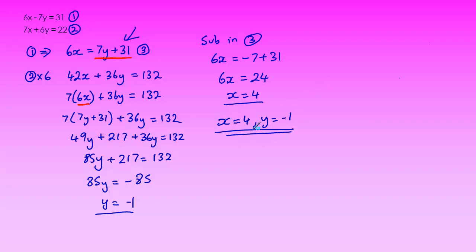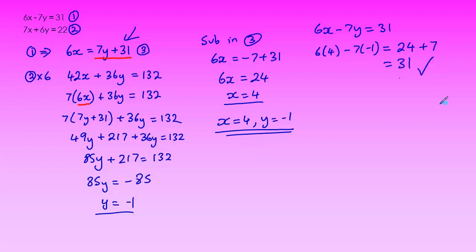So let's verify these solutions. If we look at our equations, we've got 6x minus 7y is 31, and we're checking with these values. So we've got 6 times 4, take away 7 lots of negative 1, is going to be 24, add 7, which is equal to 31.